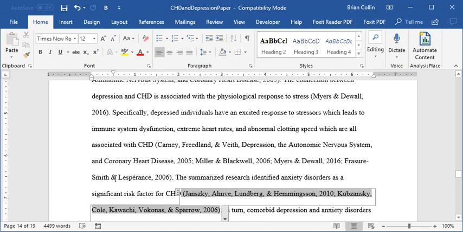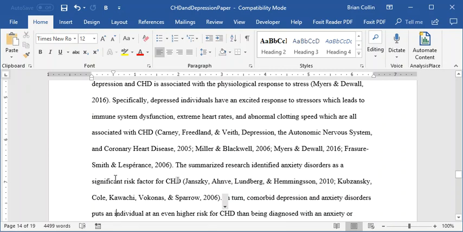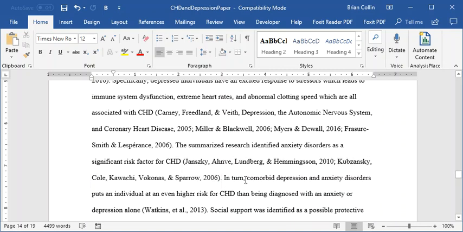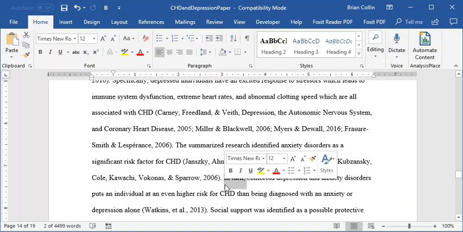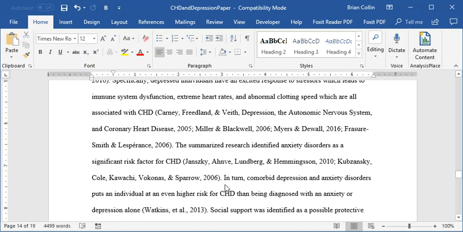The summarized research on anxiety disorders identified anxiety disorders as a risk factor for heart disease. And then I connect it again: furthermore, or in turn, or in addition, people with comorbid anxiety and depression are at an even higher risk for heart disease than those diagnosed with anxiety or depression alone.